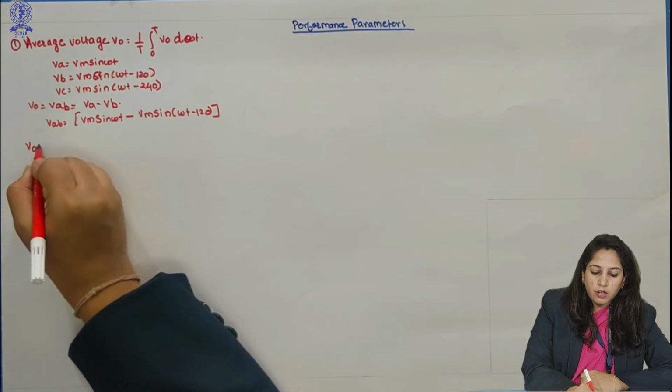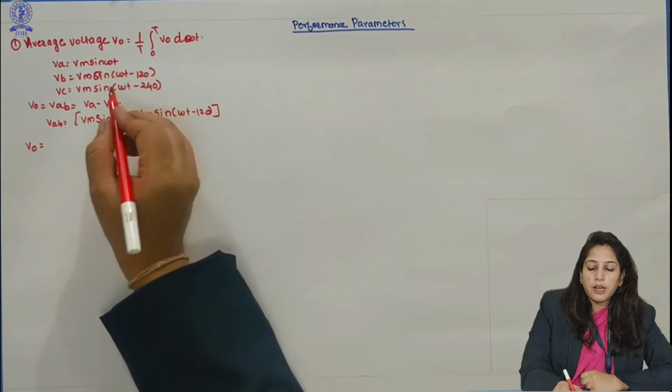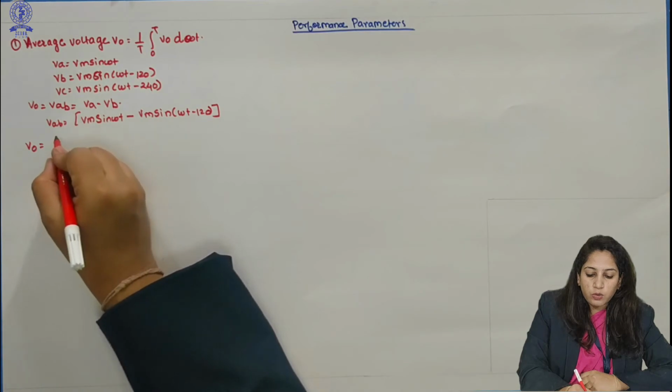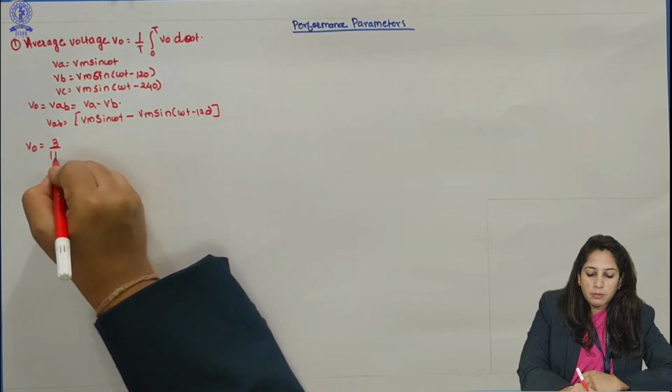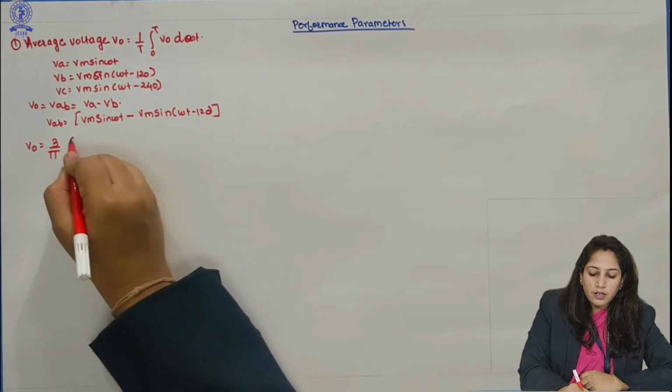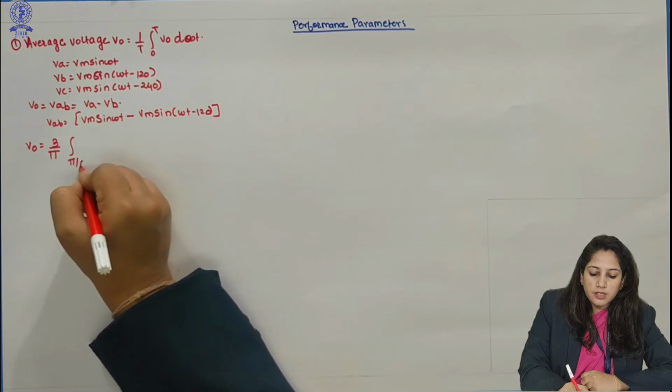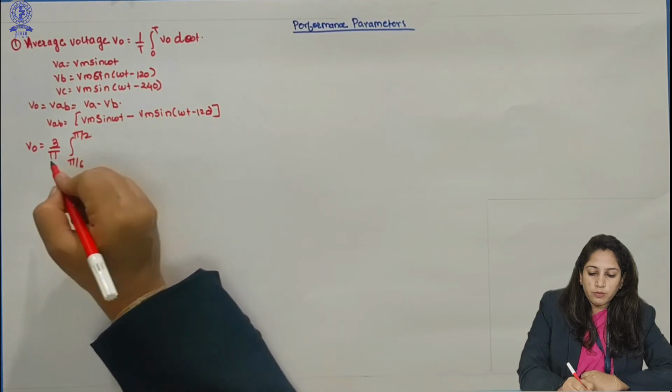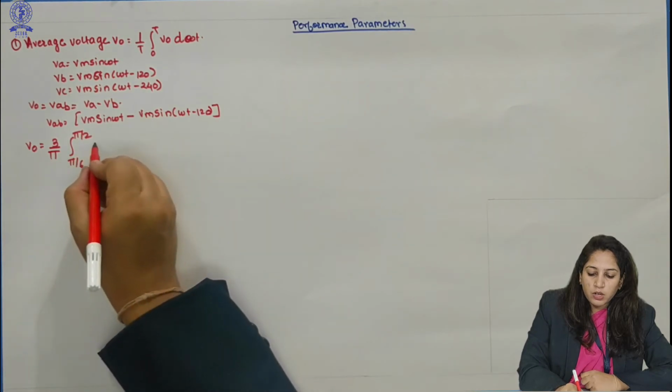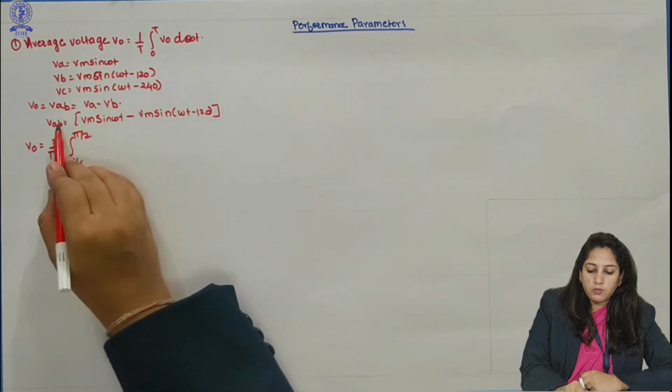So I will find the average voltage here. The time period, as I have told, is pi by 3, so 1 upon pi by 3 means it will be 3 by pi. The interval is from pi by 6 to pi by 2, and this is VO, that is VAB.